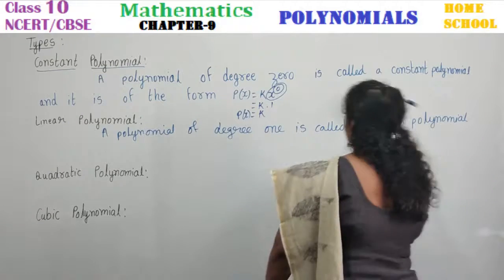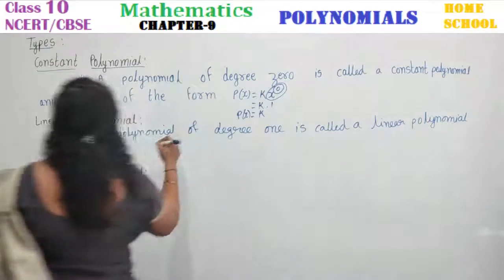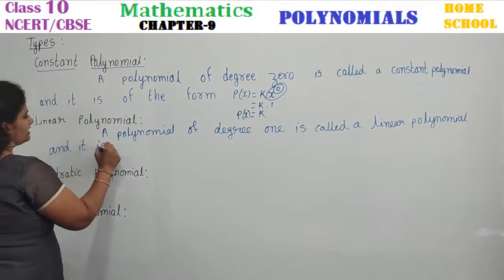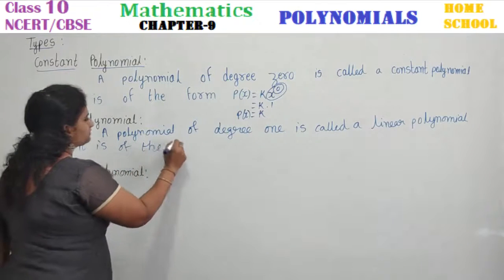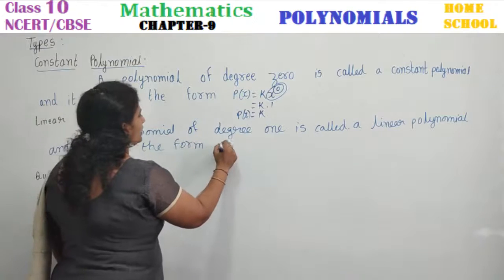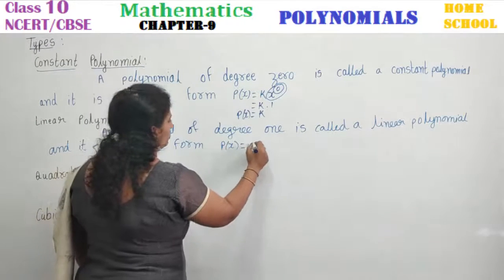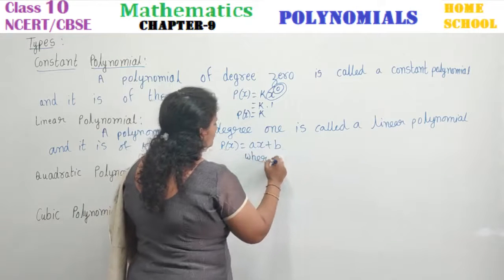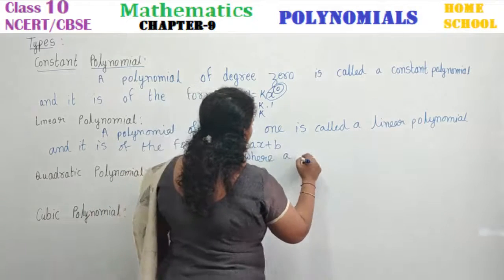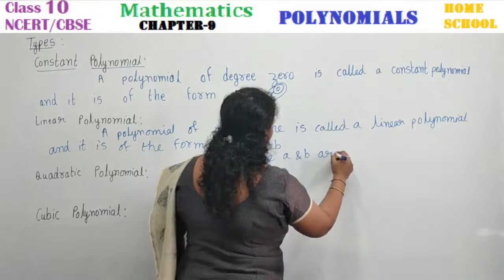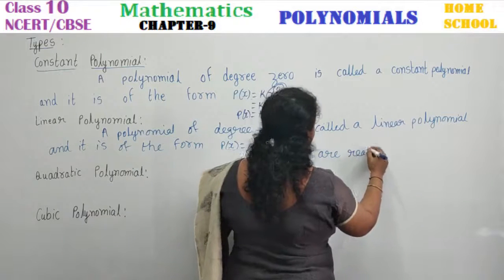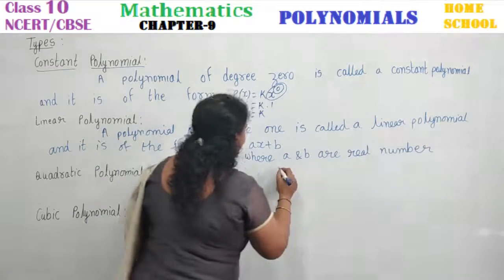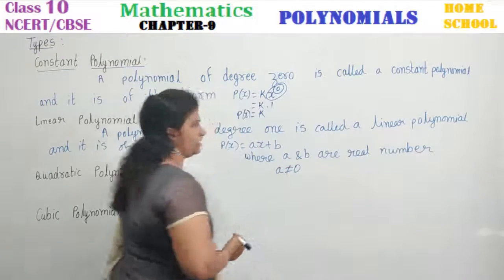When it has degree 0, constant; degree 1, linear polynomial, and it is of the form p of x is equal to ax plus b, where a and b are real numbers and a cannot be equal to 0.